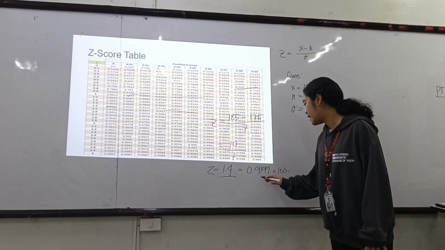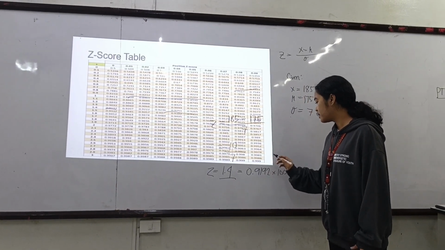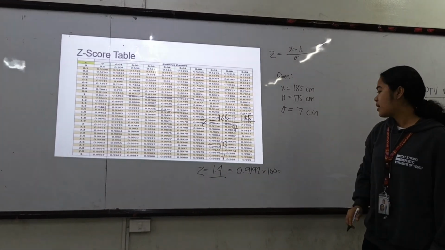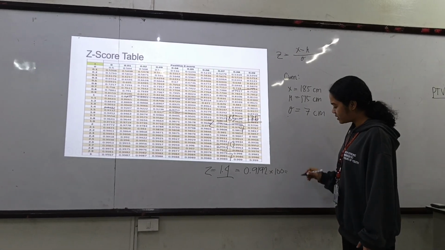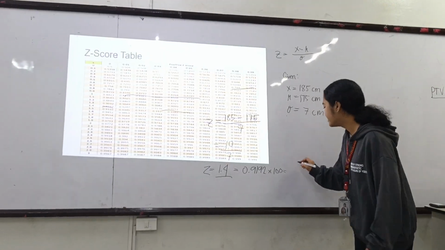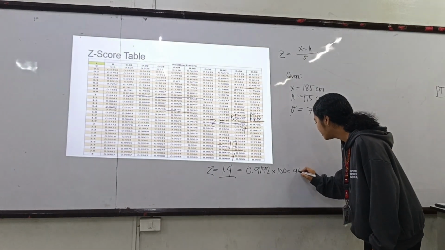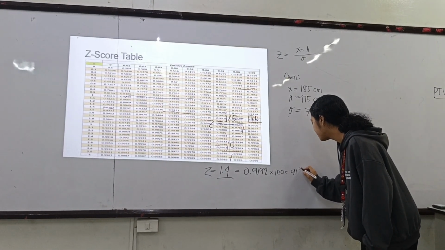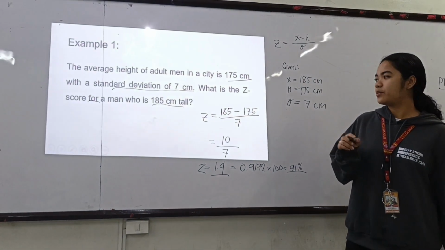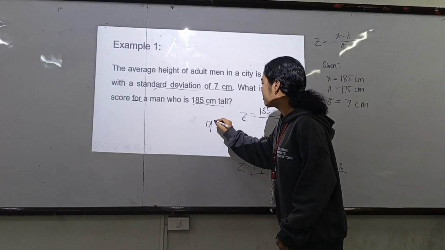Let's multiply 0.9192 by 100 to get the percentage of the z-score, which is 91%. So the answer of example number 1 is 91%.